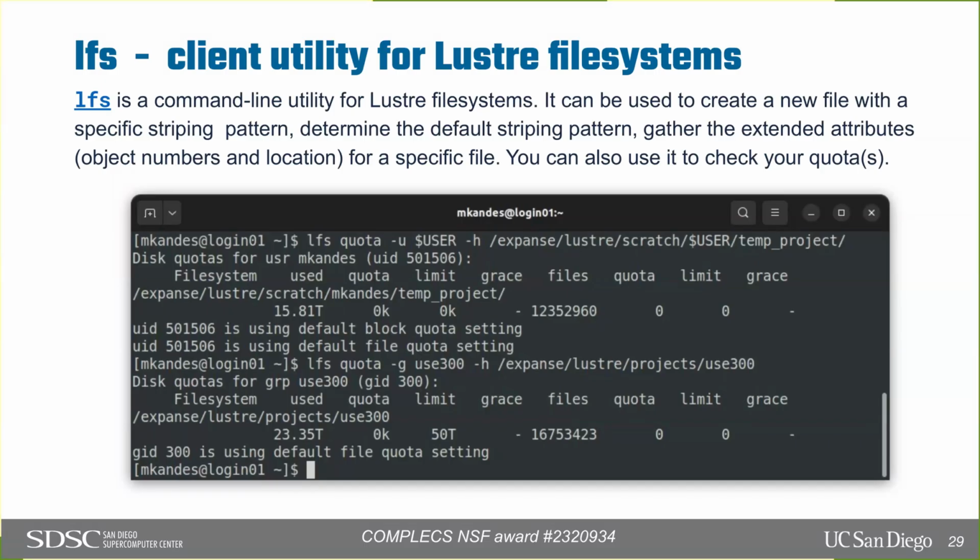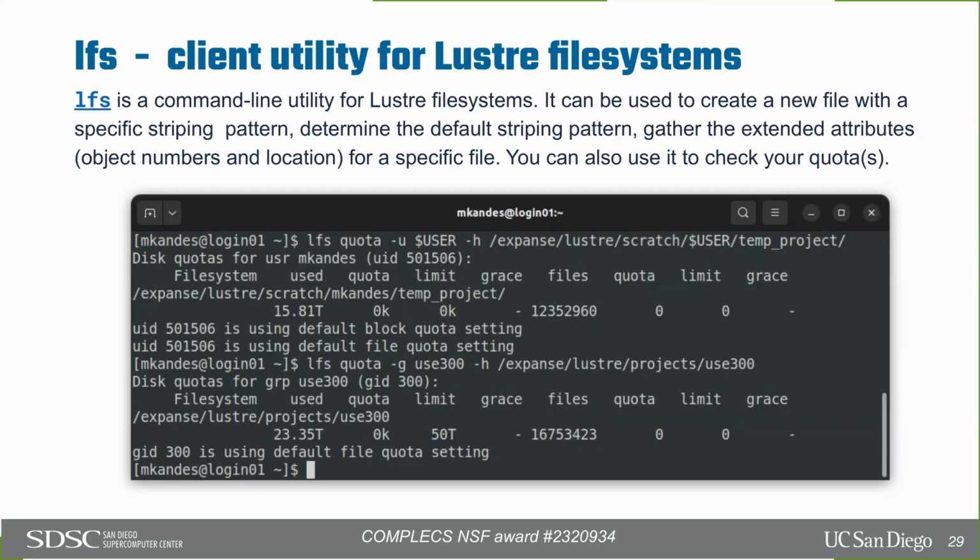The limit is 0 in scratch, so there's no limit there. In the project storage, you can see I'm using about 23 terabytes and there's what, 16 million files, but there's a limit of 50 terabytes on that part of the file system, right? So that's looking up the quota.